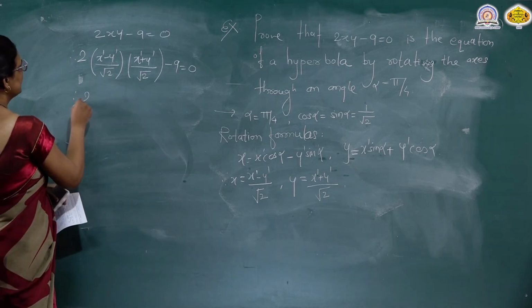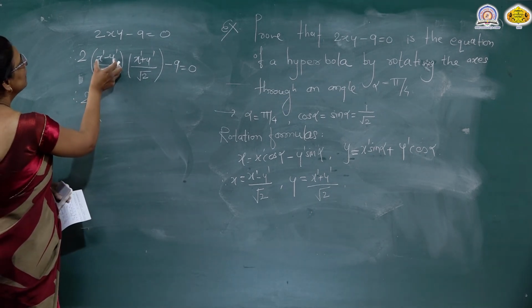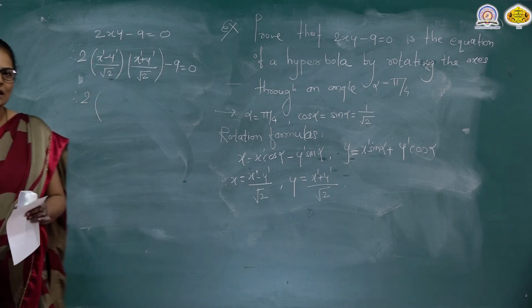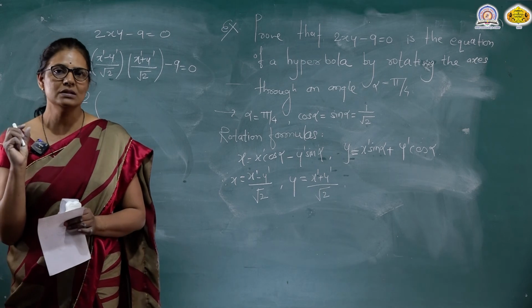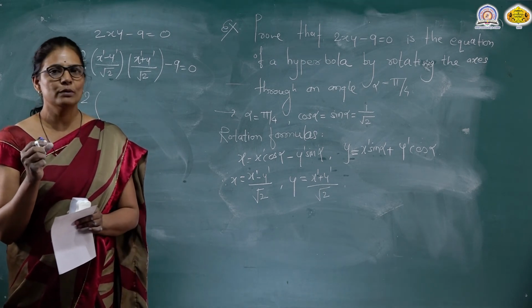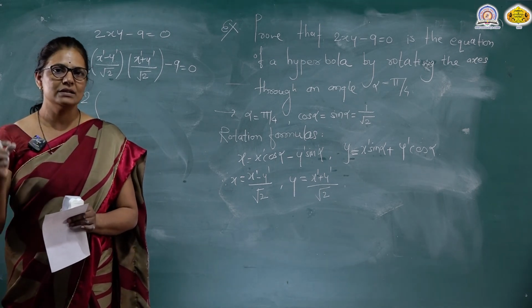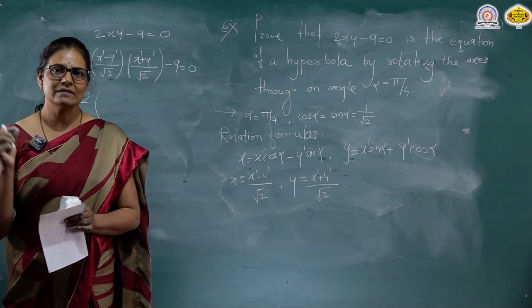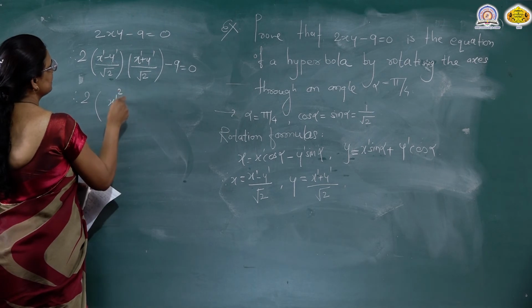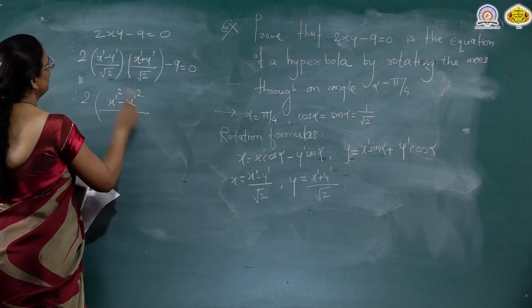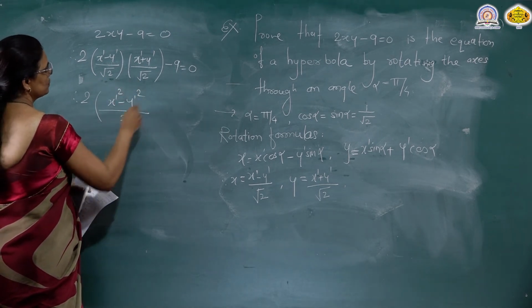So this can be written as 2 as it is. One bracket contains x dash minus y dash, that is subtraction, and the other contains the addition of these two numbers. So by using the formula a minus b, a plus b, it will be a square minus b square. So this is the same as x dash square minus y dash square upon 2.